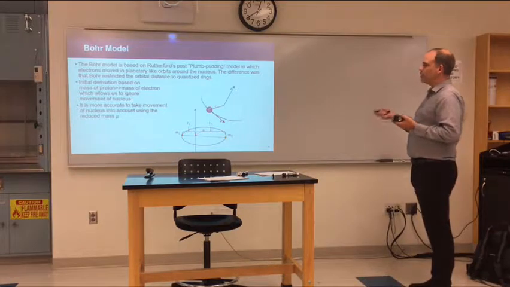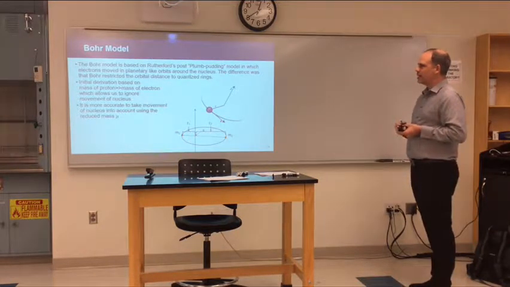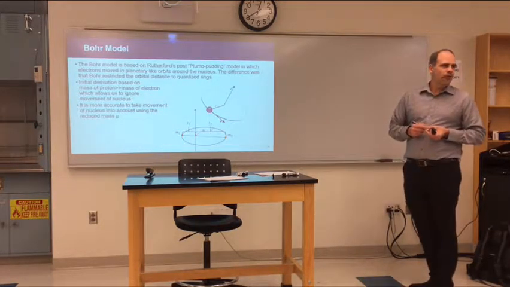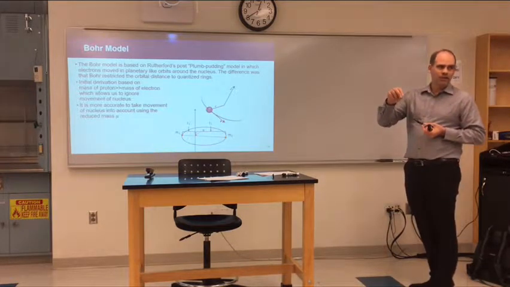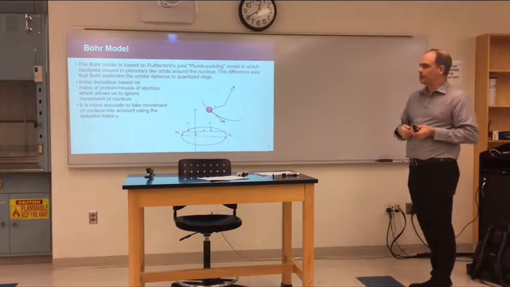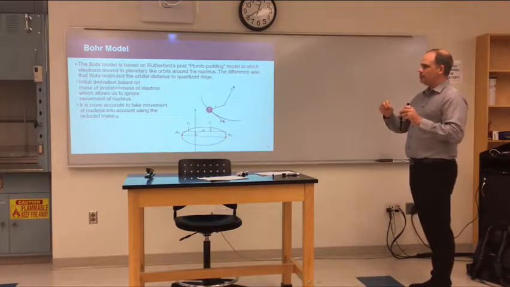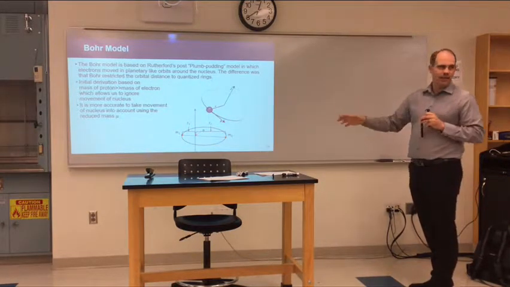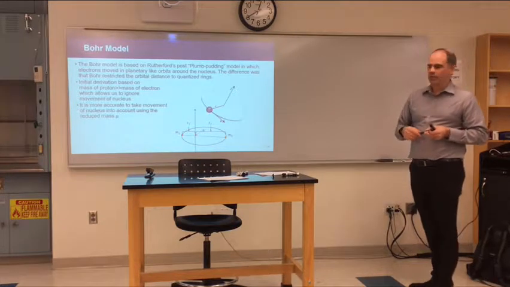So just a reminder, the Bohr model is essentially a planetary motion type thing, where you have the electron in a defined location moving around in a set orbit, and depending on the distance, at least according to Bohr, that gave the different energy levels.